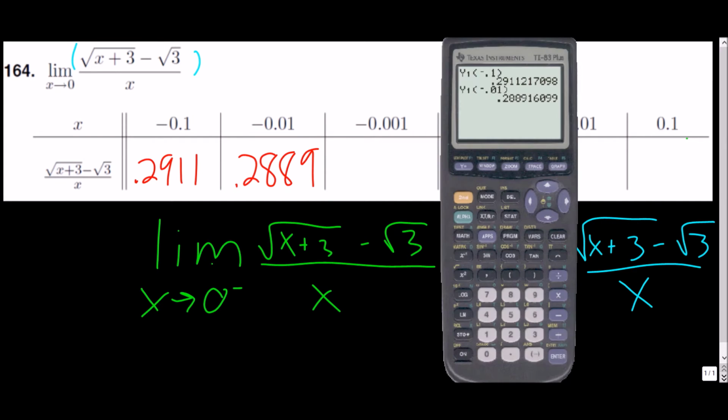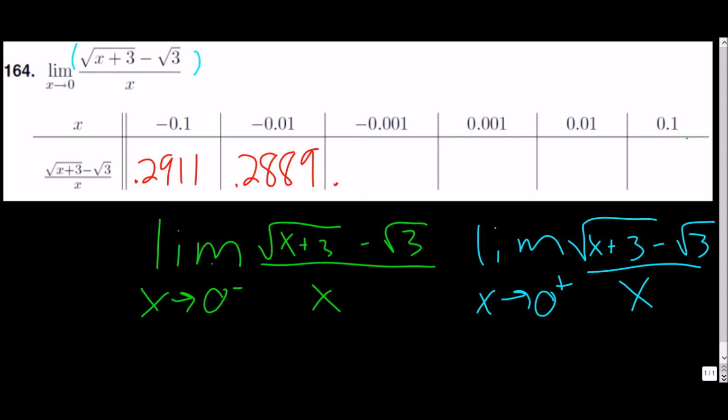And then second entry again, negative 0.001. Now this is taking these values in the parentheses and plugging them into x. That gives 0.2887. So we can see that this number is dropping ever so slightly.